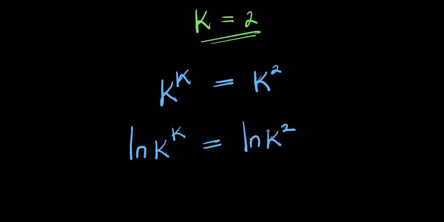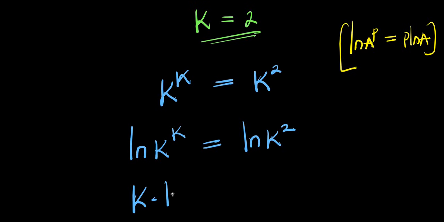And the idea with natural log is, if you have natural log of a power p, this simply equals p times natural log a. So, natural log of k power k will give you k times natural log k, and this equals natural log of k power 2, which will give you 2 times natural log k.